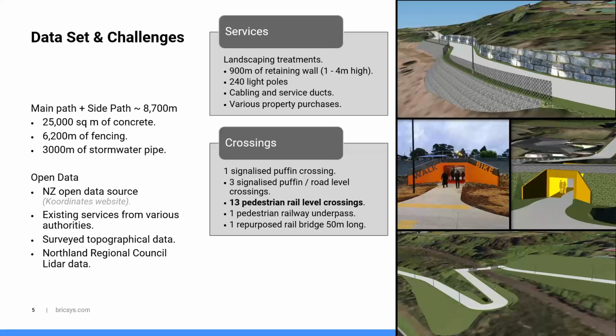We've purchased various properties just to link into adjacent residential areas, and also just to provide a way out of the path area in an emergency. There's been a number of puffin crossings across arterial roads.